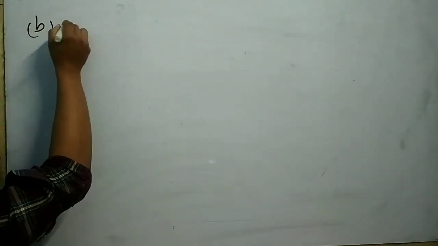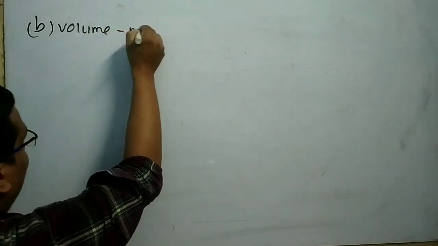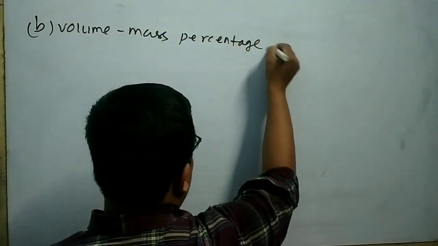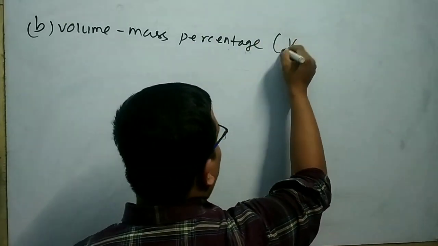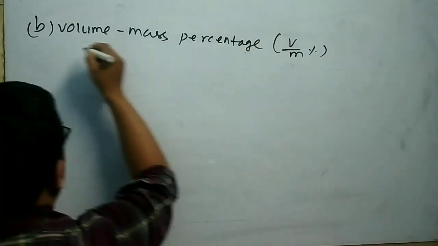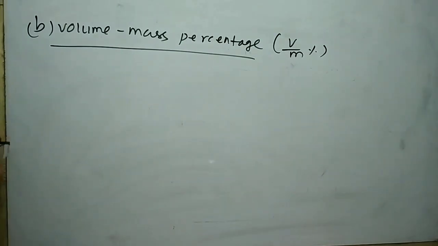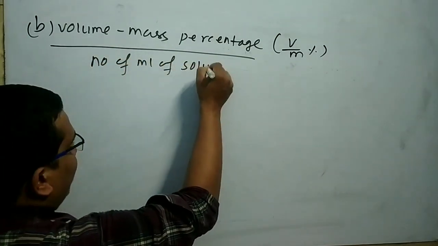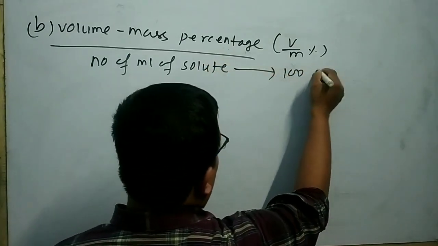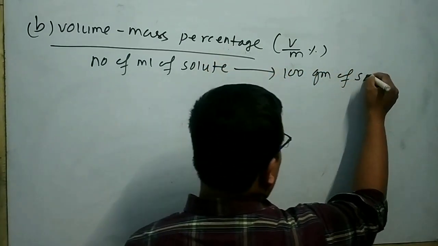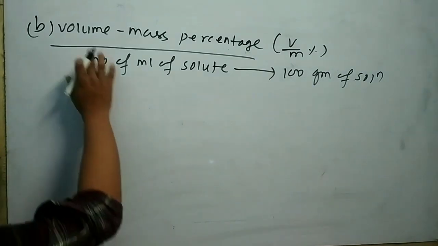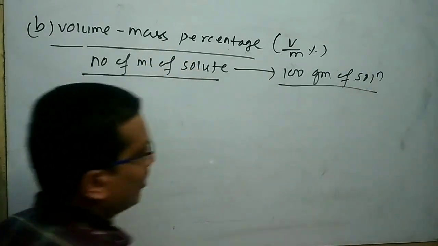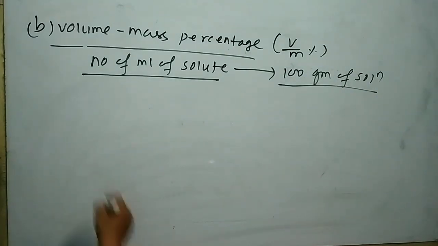Next is your volume mass percentage. It is simply called V by M percentage. Volume mass percentage means number of ml of solute present in 100 gram of solution.